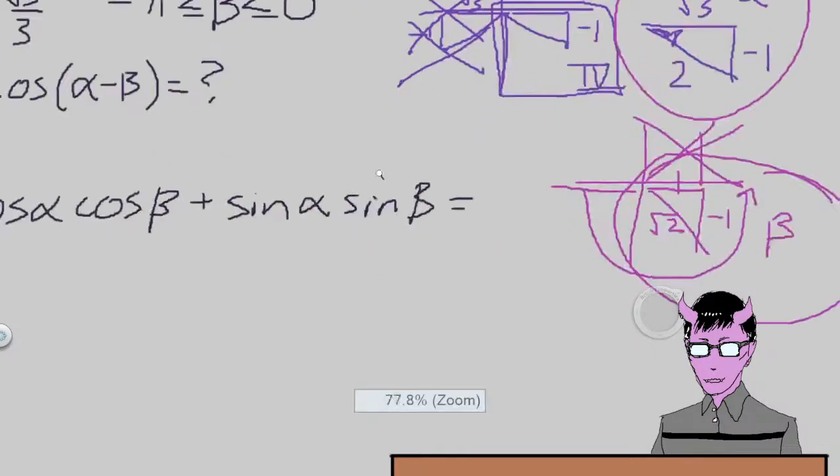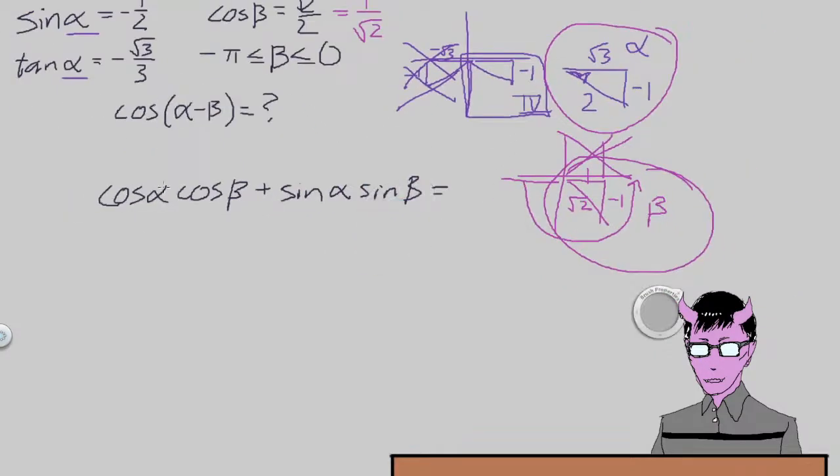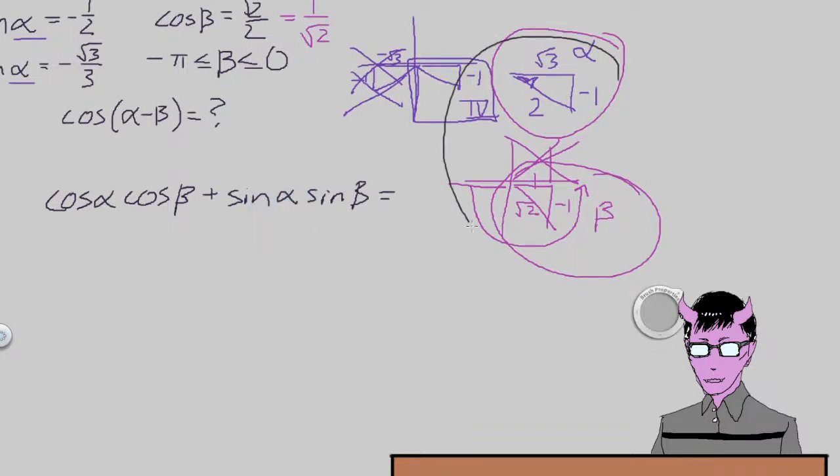We can get to evaluating this situation by referencing exactly what we sketched out. So cosine of alpha is going to be this one. It's going to be √3/2. You know what? I should follow the color for visual clarity. So cosine of alpha is this one, √3/2. And then cosine of beta is in reference to this one right here.